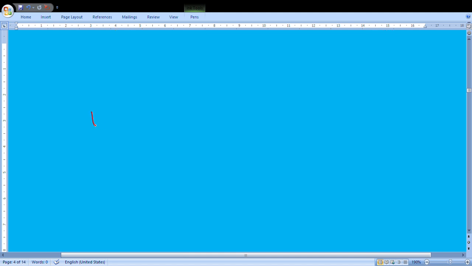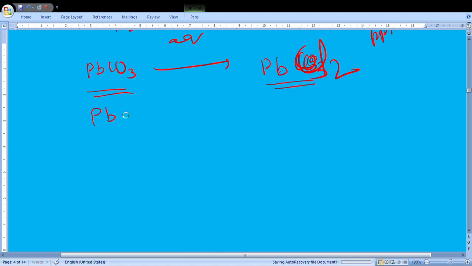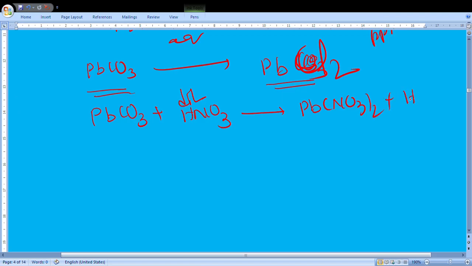We need to dissolve this in water, and to dissolve it in water, we need to convert it into Pb(NO3)2, and H2O plus CO2 will be formed.